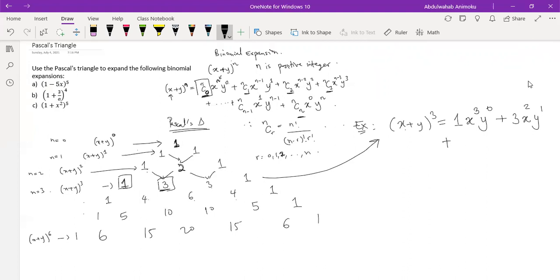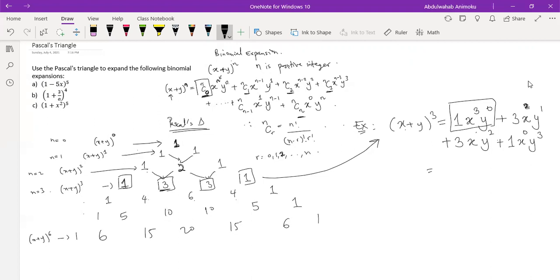Plus, the next term would have the coefficient of 3 again, reduce the power of x by 1, increase the power of y by 1. You can see the power of x was 2 here, now it's 1, and the power of y was 1, now it's 2. Then finally, the last term would have 1, reducing the power of x by 1 and increasing the power of y by 1. Now all we need to do is evaluate each of these terms.